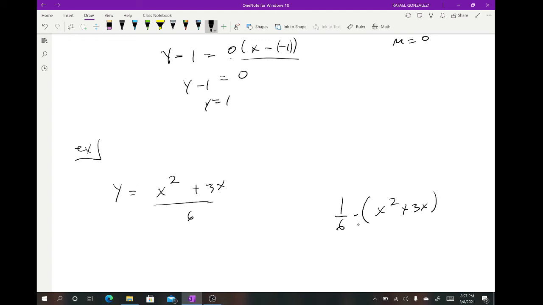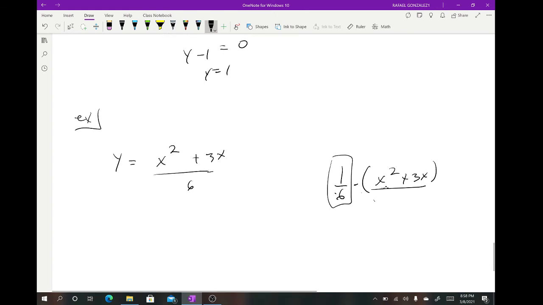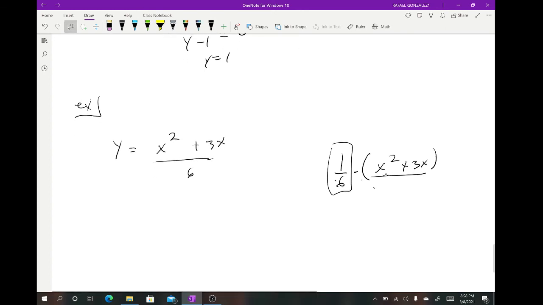Why is this better? Because now you could simply use the constant multiple rule, because this is a constant out here and this is a polynomial. So you could take the derivative of this and then multiply it by 1 over 6 and you'll be good. Okay, so that's the y prime. If you rewrote y as 1 over 6 times x squared plus 3x, then the derivative y prime is going to be 1 over 6 times the derivative of this inside stuff, which is just going to be 2x plus 3.